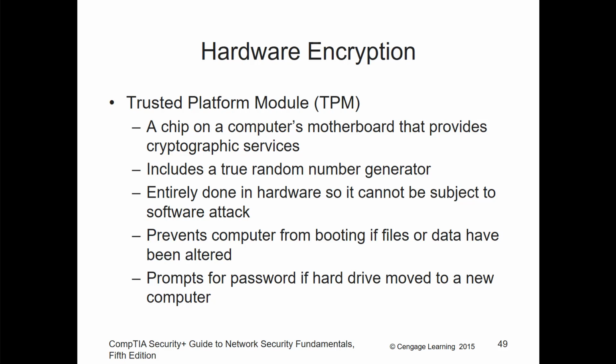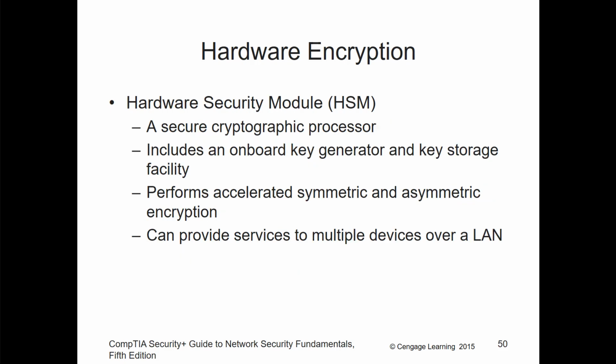It will prompt for passwords if the hard drive is moved to a different computer or if it's altered. Again, we have the Hardware Security Module, and this is a secure cryptographic process. This includes an onboard key generator and key storage, and it's used to perform accelerated symmetric and asymmetrical file encryption.